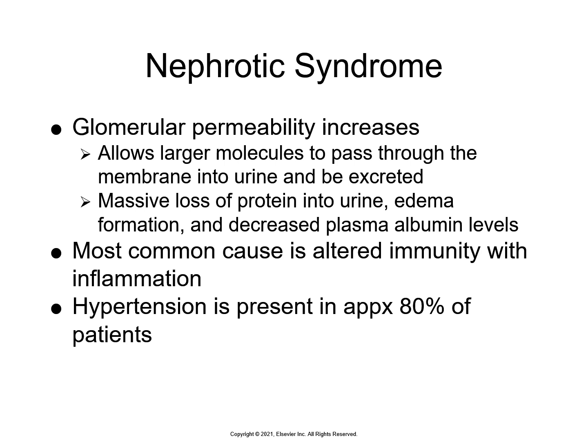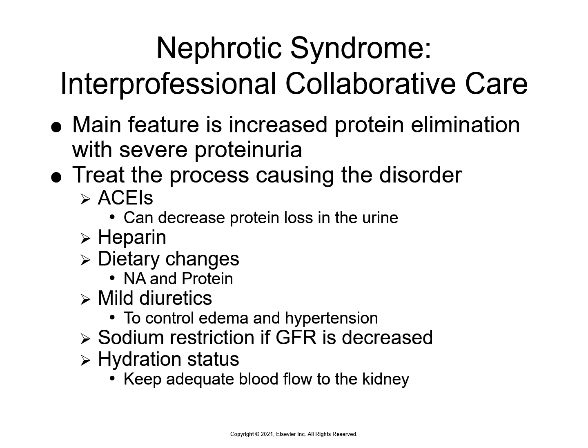So you're going to have some problems with the high blood pressure. So this is going to have to be treated, obviously. What are you going to do about it? Well, the main feature, because it's that increased protein elimination with severe proteinuria, you're going to treat it using ACE inhibitors. Like I told you before, ACE inhibitors can protect the kidney.